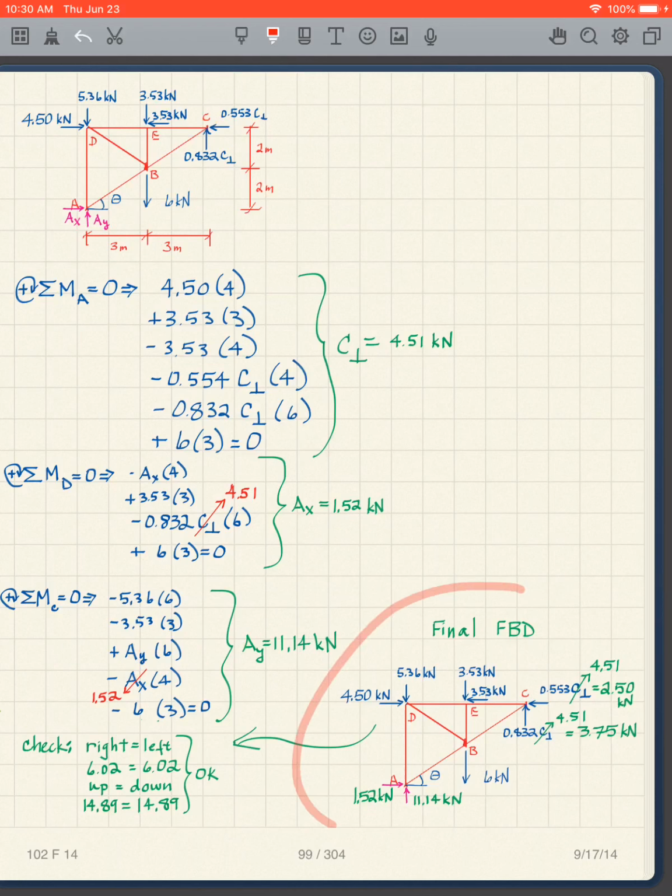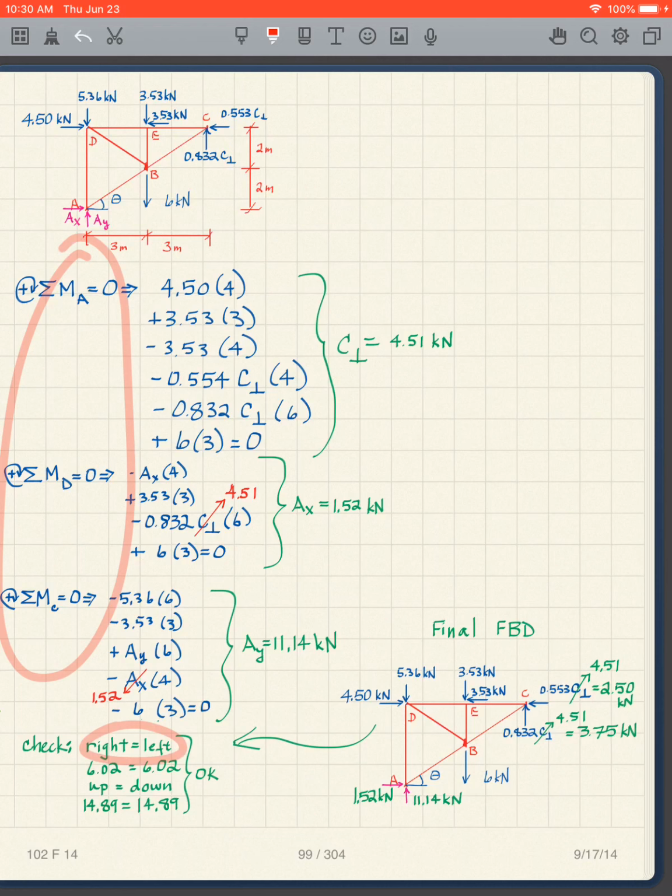So I draw my final free body diagram. All of them are positive, so I don't have to switch any arrows around. And I can do a check. This is a good check because I used the moment equation 3 times here. If I take the sum of the right equaling the sum of the left, they do: 6.02, 6.02.